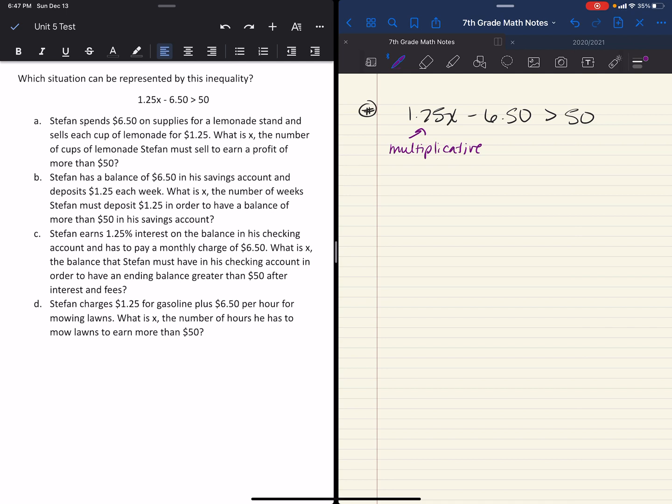The 6.5 is negative, it is subtracting. And then this is greater than 50. So 50 has to be like my ends, my total, leftover, whatever. Okay, now let's go through these answer choices.